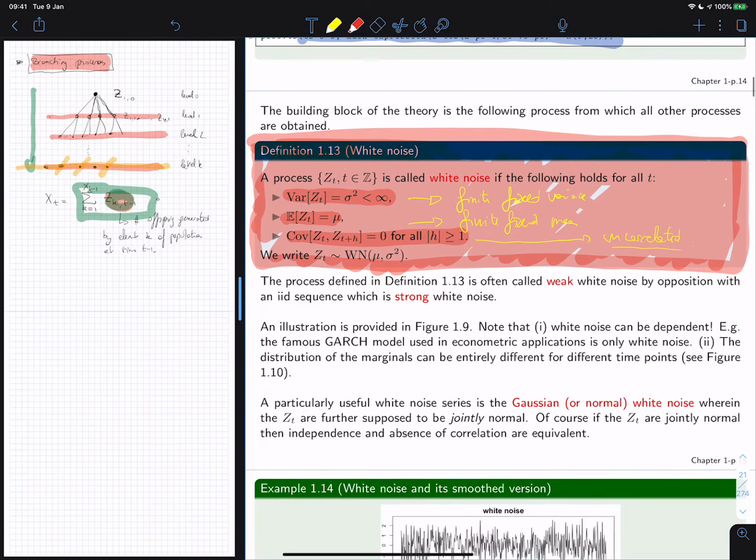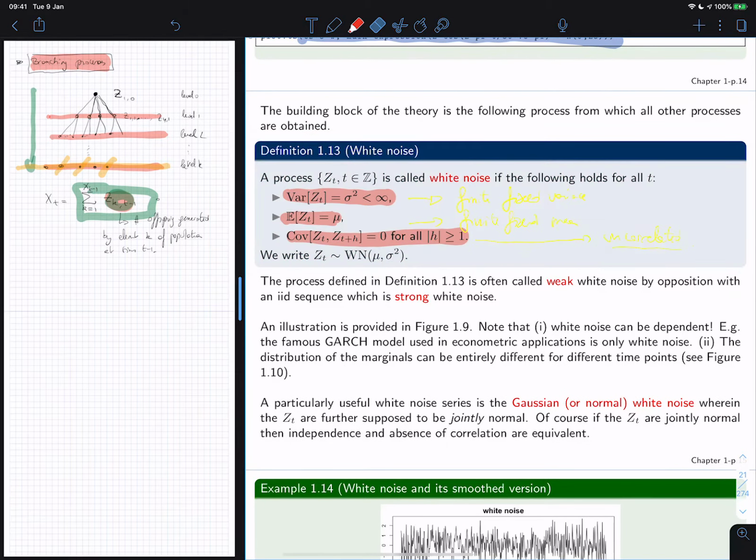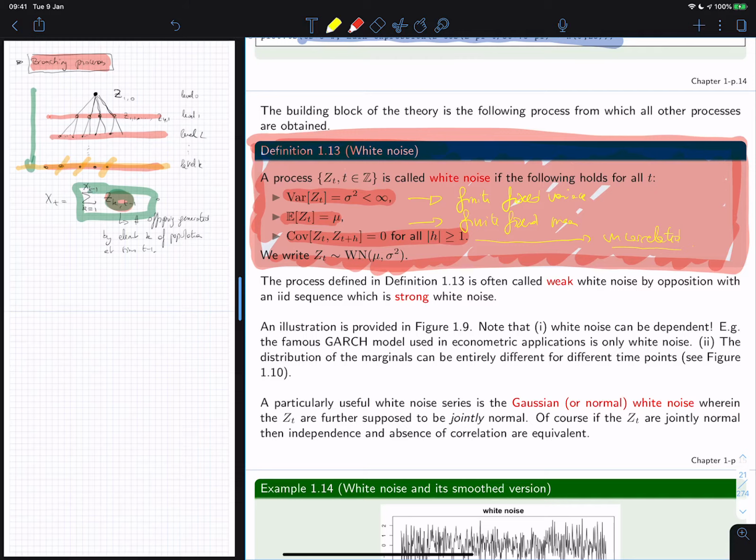This definition is often called weak white noise, by opposition with an IID sequence, which would be strong white noise. It will be useful for the sequel to keep the definition as weak as possible, so not to impose independence.